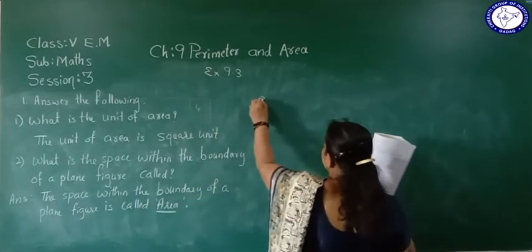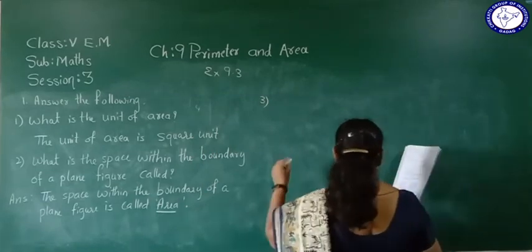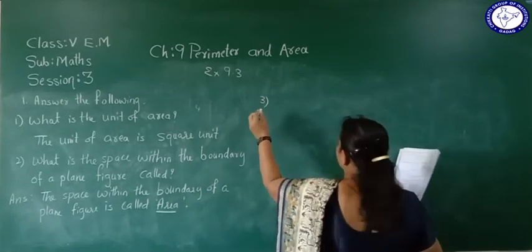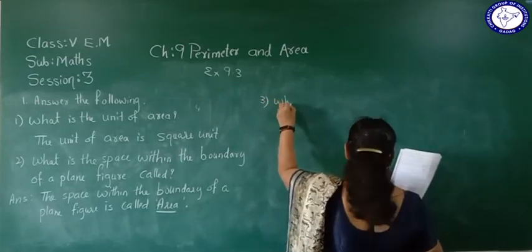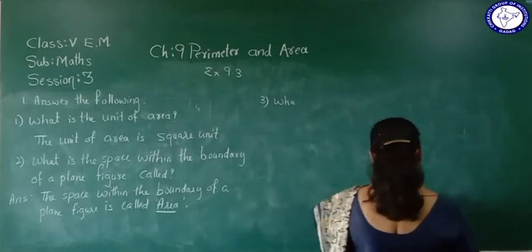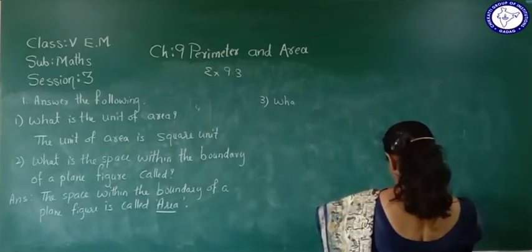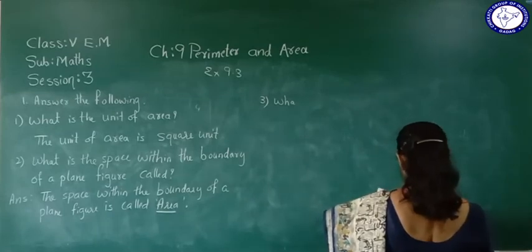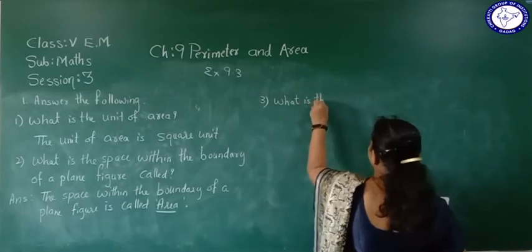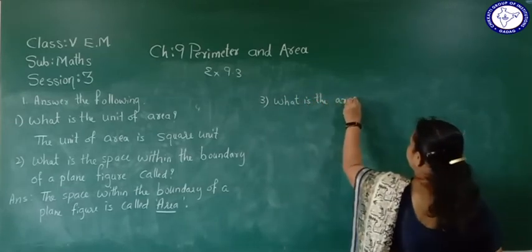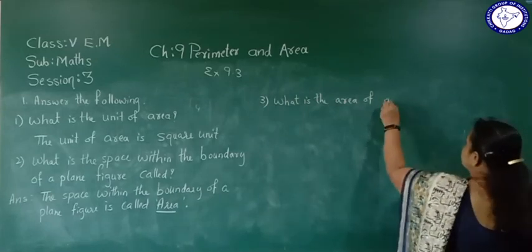Then third question is, what is the area of a unit square?